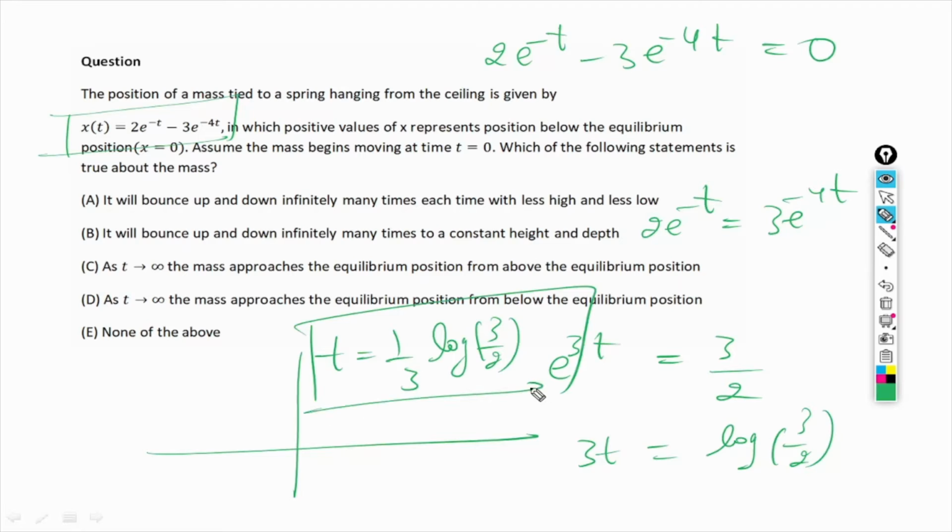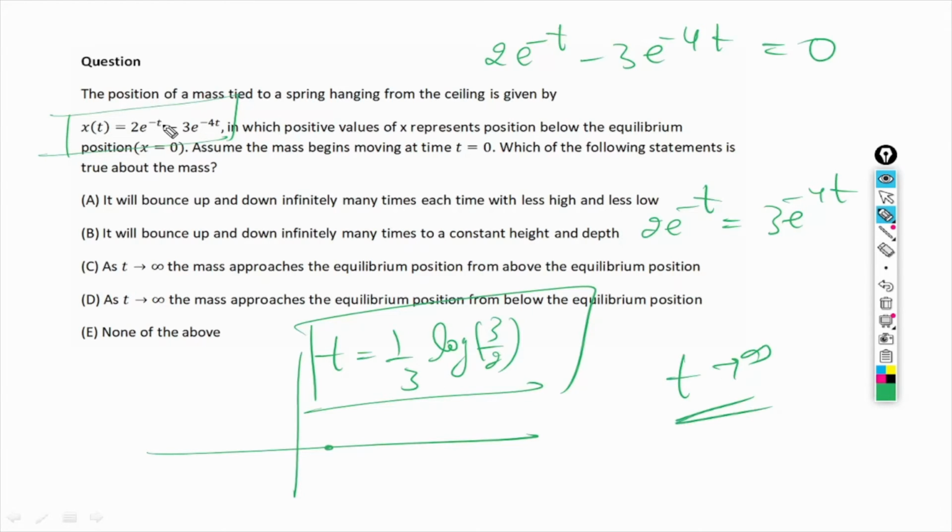So the function is 0 at this point. This is a positive value somewhere here, and then the function is 0 when t tends to infinity, because if t tends to infinity, then both of these terms will tend to 0. So the graph of this function will be like this, and when t equals 0, x is -1.